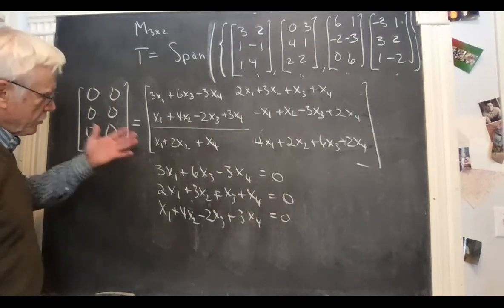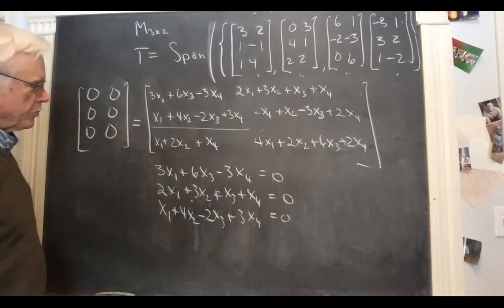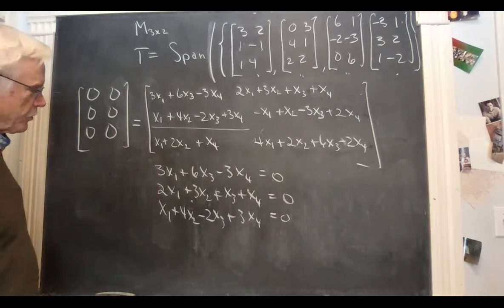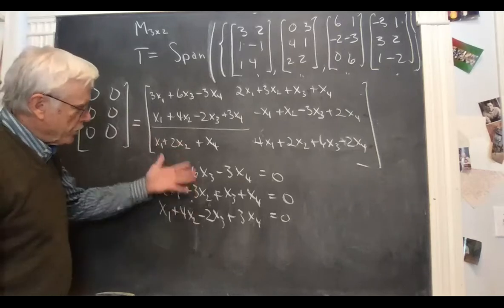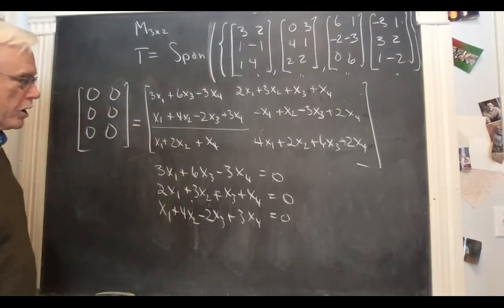So we want to solve this system of equations and see how many independent variables there are. This reduces it to 6 equations in 4 unknowns.